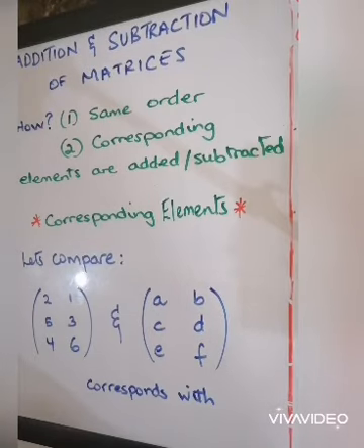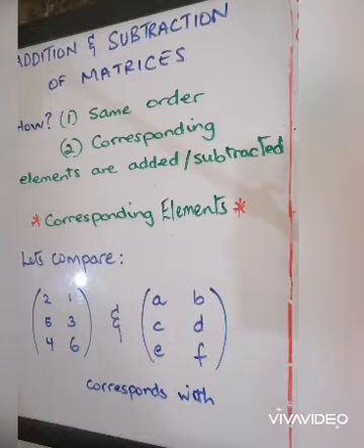Secondly, we are looking at corresponding elements, and the corresponding elements are the ones that are added or subtracted to each other. So it brings the question, what is a corresponding element? So we have two matrices here, and we can clearly see that they have the same order.